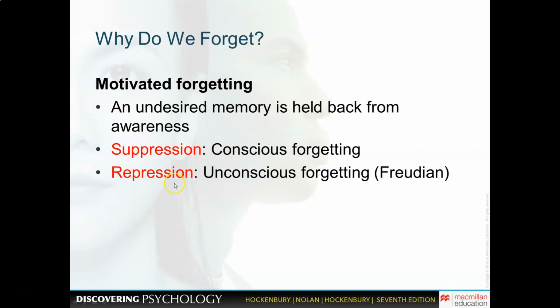suppress or repress an undesired memory. Suppression means consciously forgetting information. An example is when one experiences something and says, "Oh, that was a terrible situation, and I do not want to remember that." So consciously forgetting refers to suppression. Unconsciously forgetting is what's known as repression.